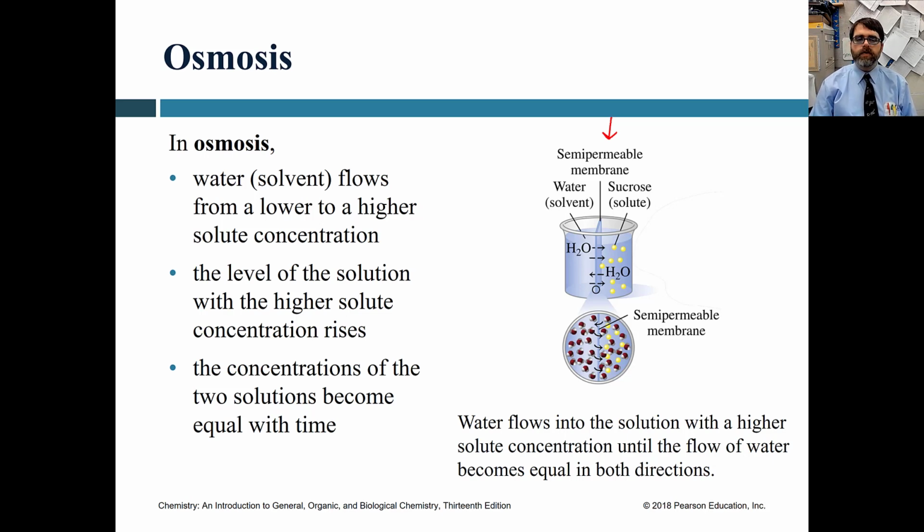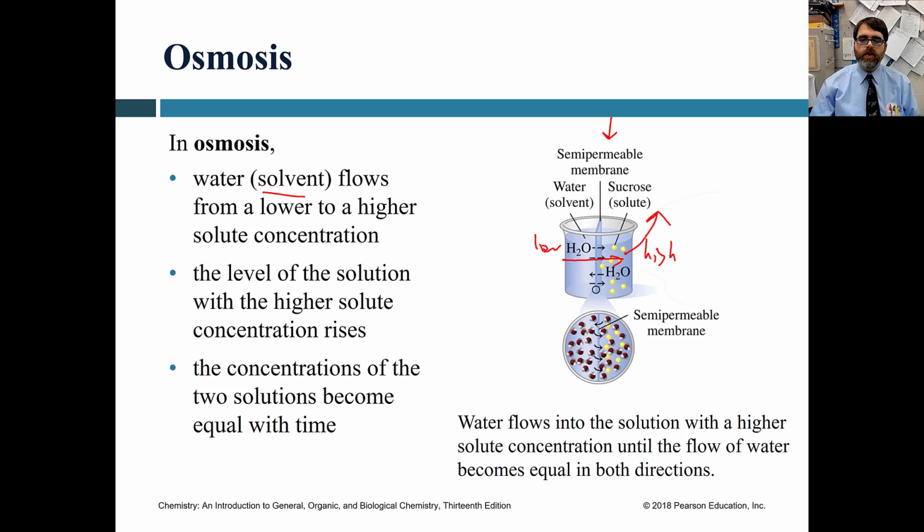Water will flow from a low concentration towards a high concentration. That is, your solvent flows from a high concentration to a low concentration. Well, from there, what ends up happening is that the volume of stuff in the concentrate side ends up going up.